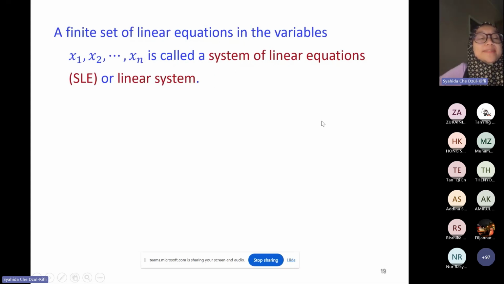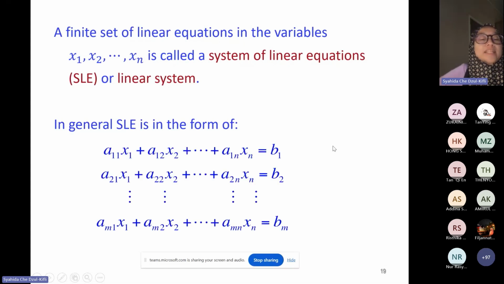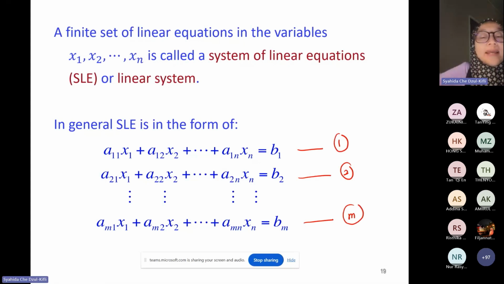In general, a system of linear equations is in the form as follows. It has m equations: first equation, second equation, up to the m-th equation.